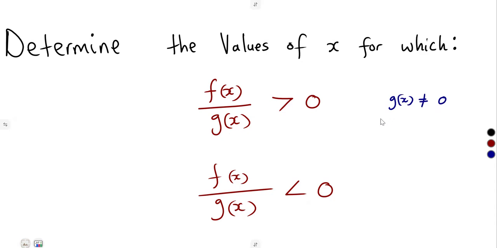So we must take note of the x values which will give us y equal to 0. For any other value that you are given, you must take note that the denominator cannot be equal to 0.